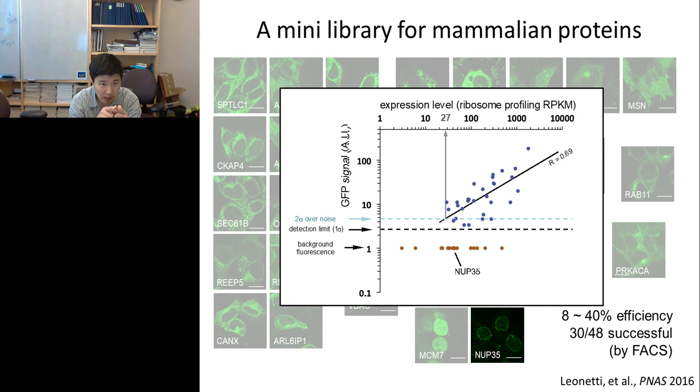You can see those are typically of lower expression level, falling below the FACS detection limit. So if we set our FACS detection limit at about 27 RPKM as the threshold of whether we can get a successful knock-in or not.